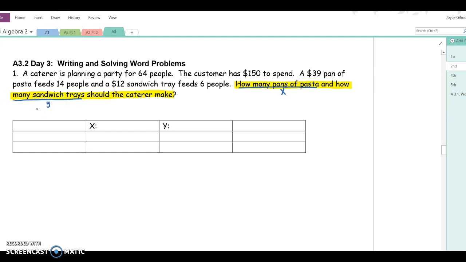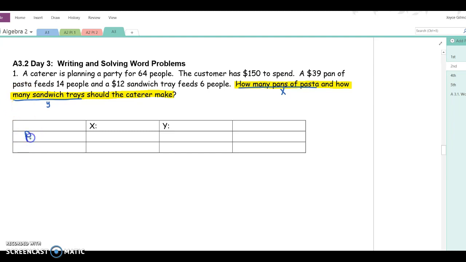A caterer is planning a party for 64 people. The customer has $150 to spend. A $39 pan of pasta feeds 14 people, and a $12 sandwich tray feeds 6 people. Now, in here, what two things are those numbers describing? The numbers are describing numbers of people and money.